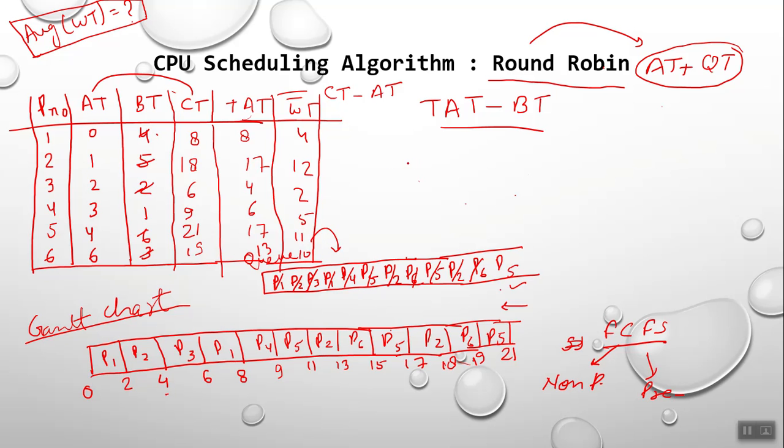So that's how you can calculate. Now look at the calculation for finding the average waiting time. The average waiting time is going to be 4 plus 12 plus 2 plus 5 plus 11 plus 10 by 6, right?